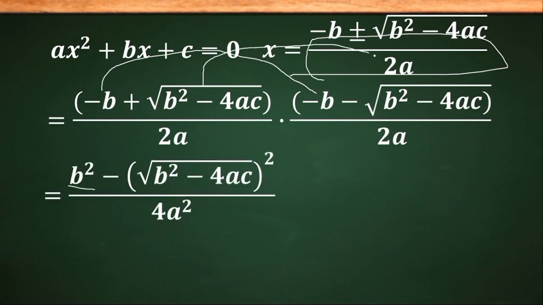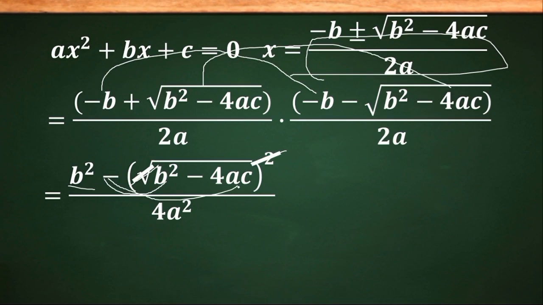This one multiplied to this one is positive times negative, which is negative, and square root of b squared minus 4ac times square root of b squared minus 4ac is b squared minus 4ac. All over 2a times 2a is 4a squared.